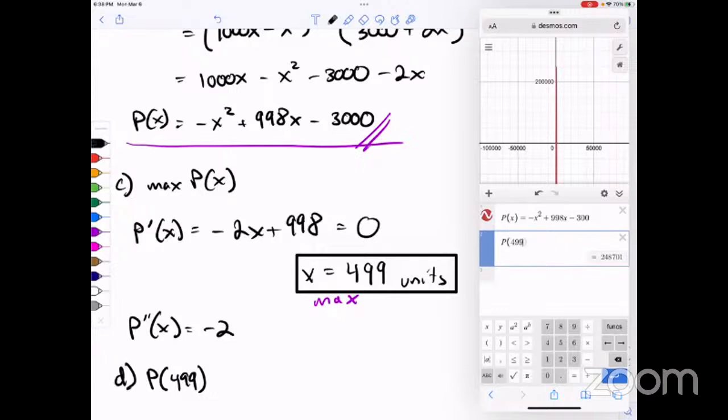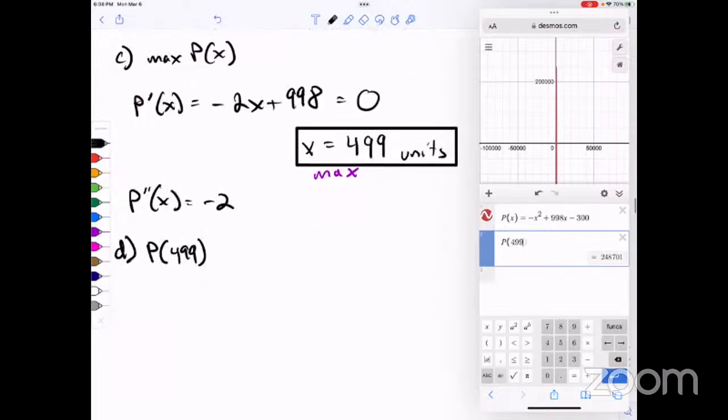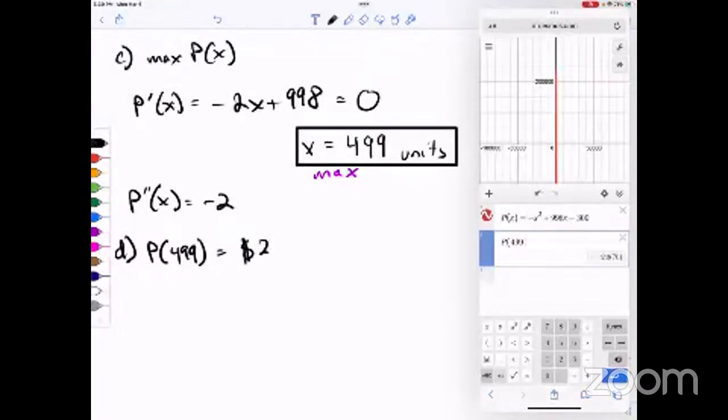So the reason I was pulling this up was so we can just see that calculation in action. There it is. So the max profit looks like it's 248,701. Okay.